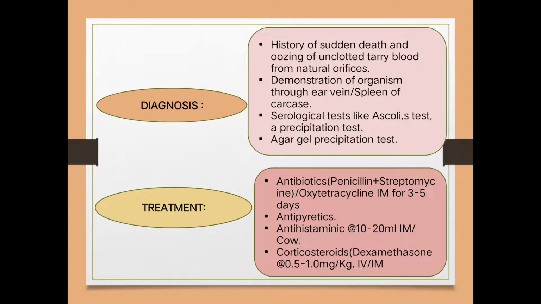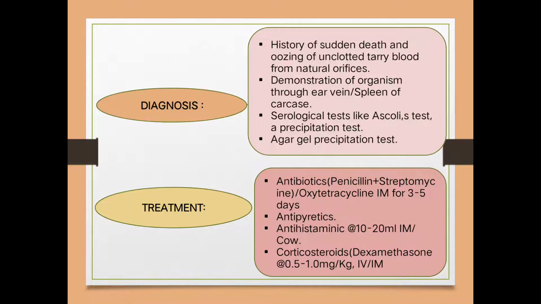The point we have to keep in mind is to collect the sample as minimally as possible, to avoid the formation of spores and contamination of the environment. So it is suggested to just take the sample from the ear vein, make the smear and go for the Gram stain or any methylene blue stain, where we will get Gram positive organisms.